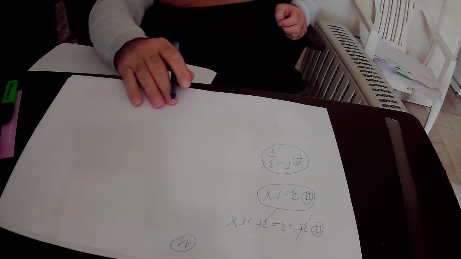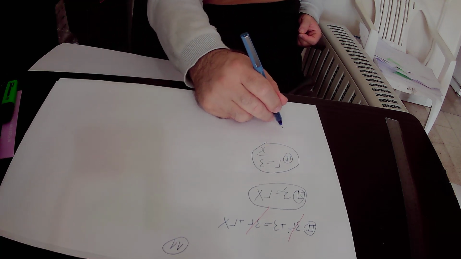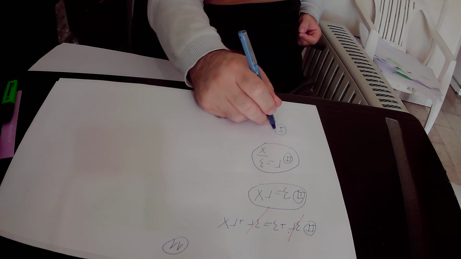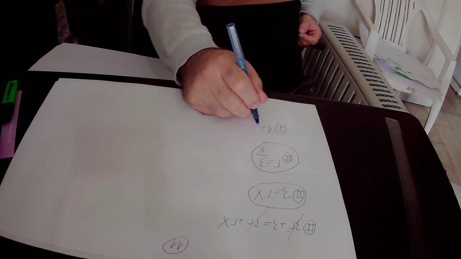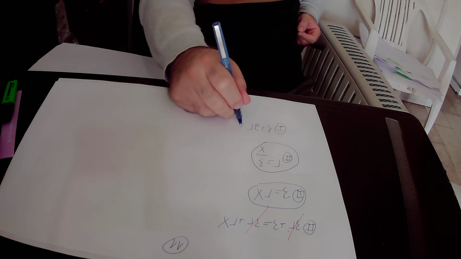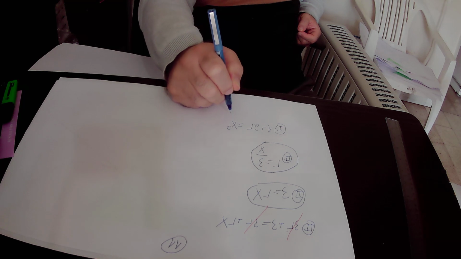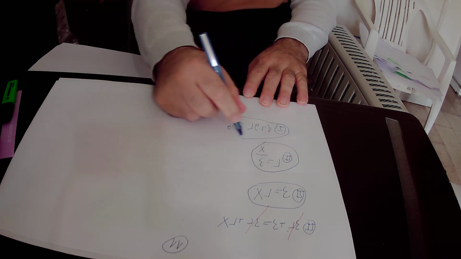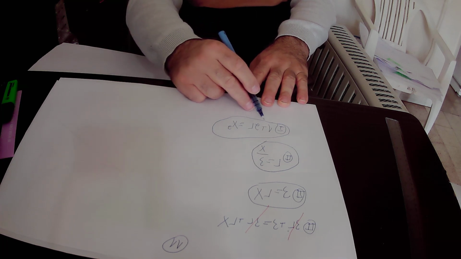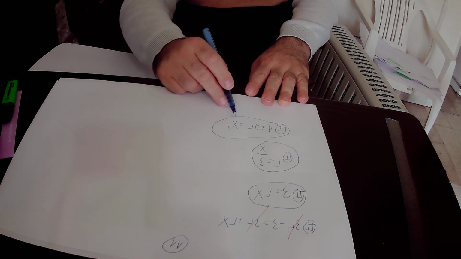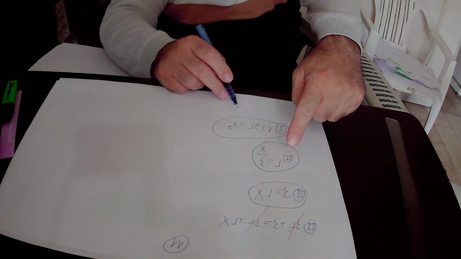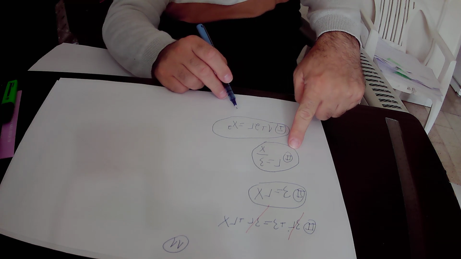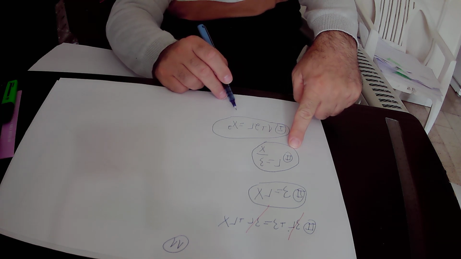But we have already found out in equation number 1 that 1 plus 2r equals x squared. Okay? So we actually can substitute 2r in this equation number 1 by 2 times 3 over x, because r equals 3 over x according to equation number 2.